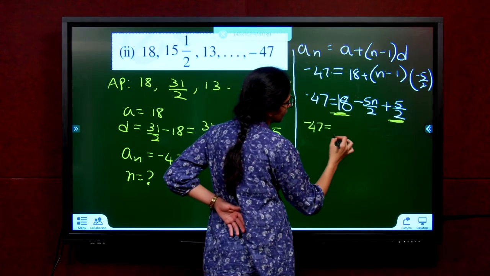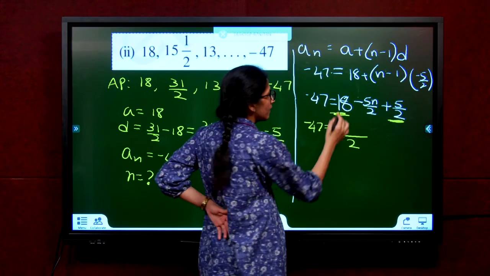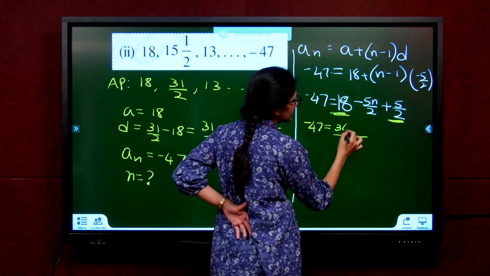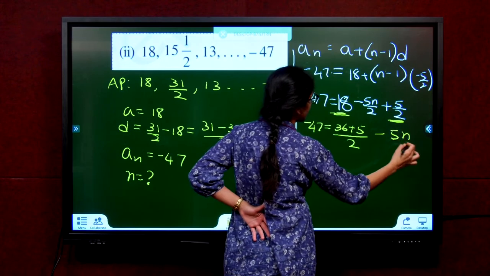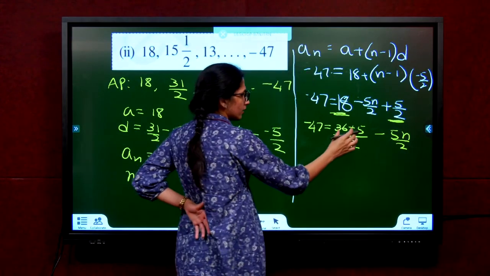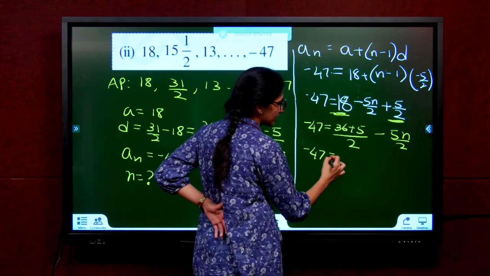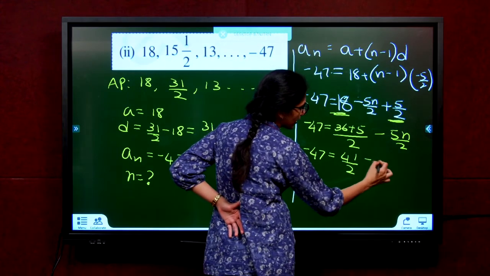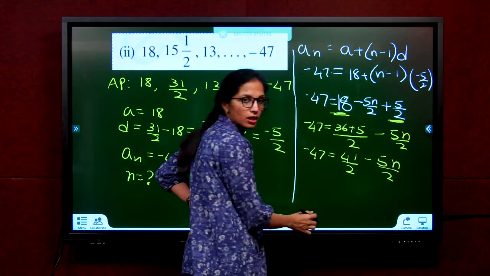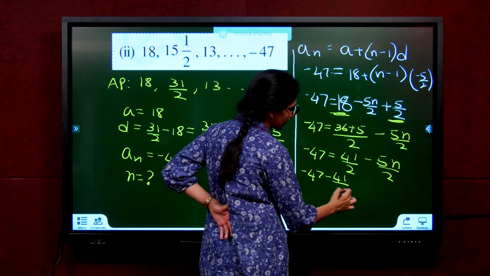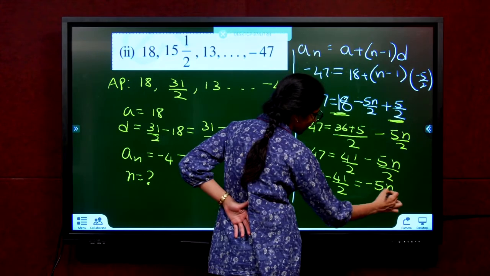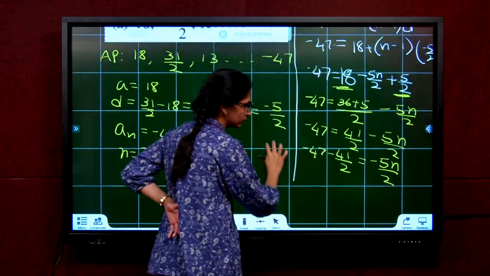Minus 47 is equal to, take LCM 2. 18 into 2, 36. 36 plus 5 by 2 minus 5N by 2. Minus 47 is equal to 41 by 2 minus 5N by 2. Send the 41 by 2 this side. Minus 47 minus 41 by 2 is equal to minus 5N by 2.